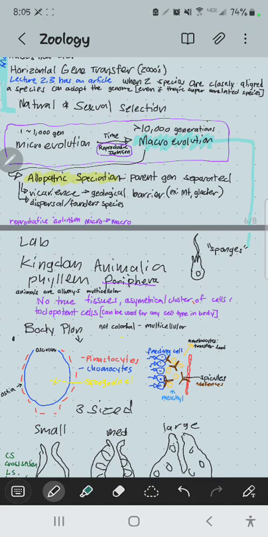We've pretty much finished covering the microevolutionary mechanisms. Remember, microevolution is change in heritable traits, or alleles more technically, in a population, so that's within one species.